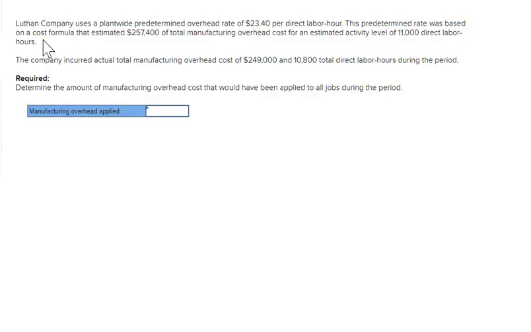The company incurred actual total manufacturing overhead cost of $249,000 and 10,800 total direct labor hours during the period.